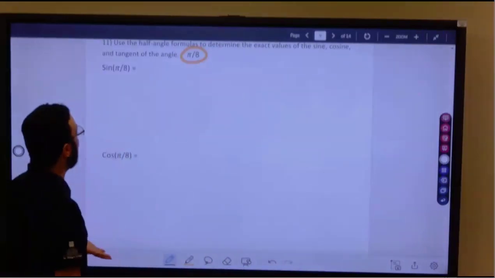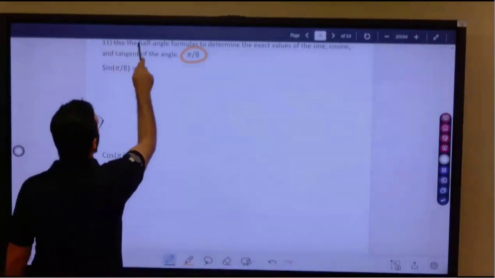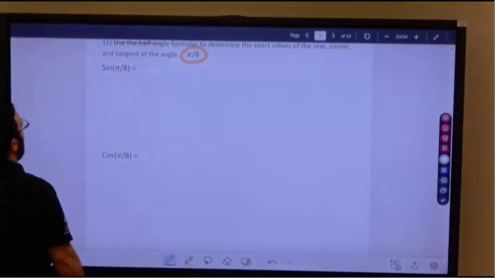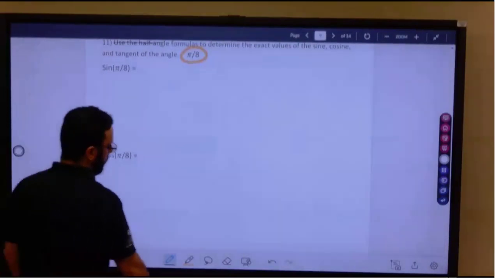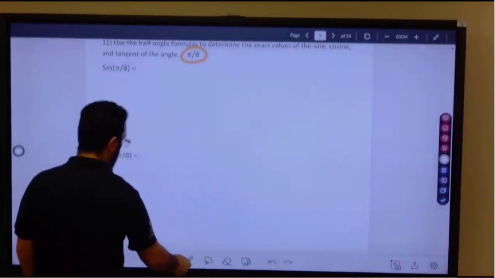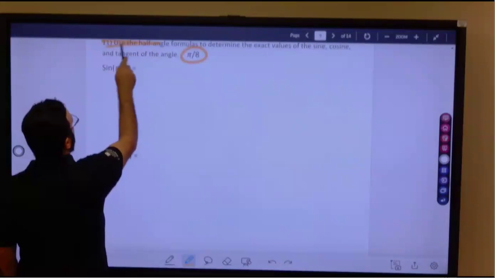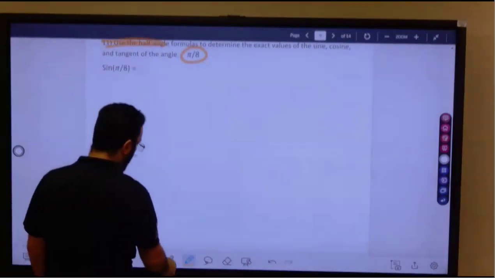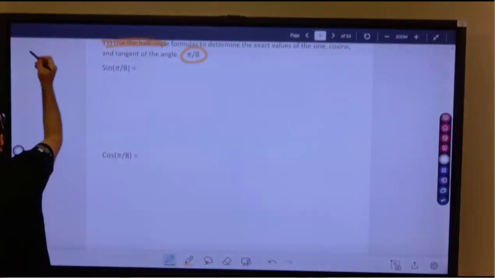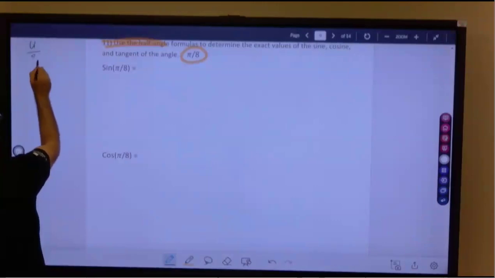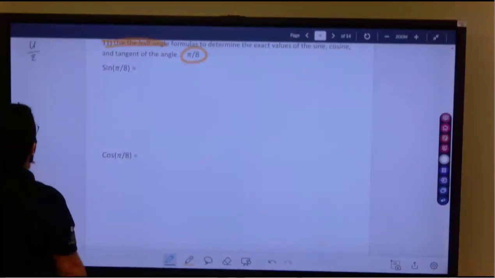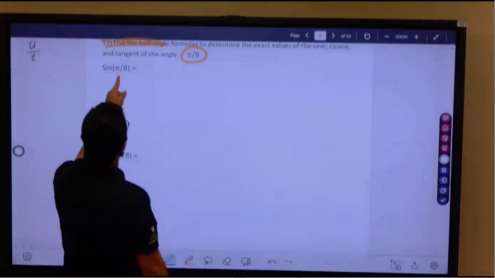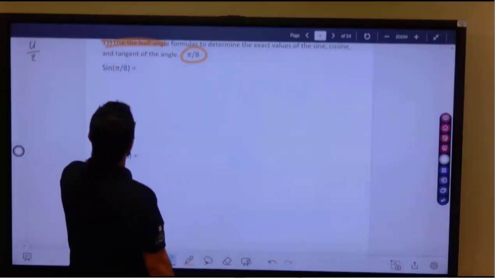But we need to use the half angle formula, and they're telling you which one you're going to use. So how are we going to do that? Half angle formula, it says u over 2. If I look here at the angle, it's pi over 8.